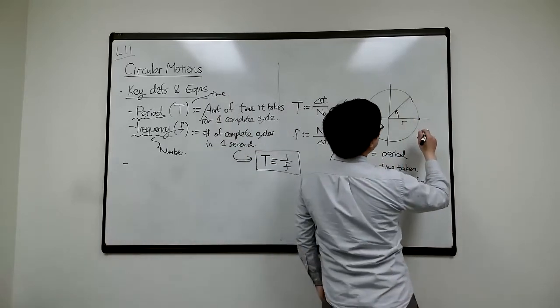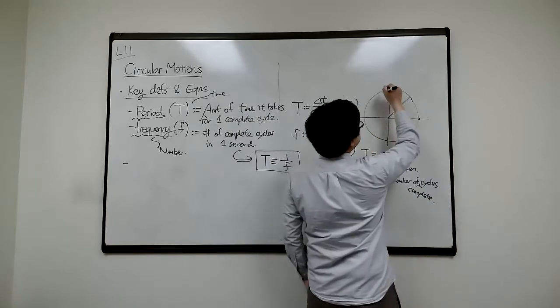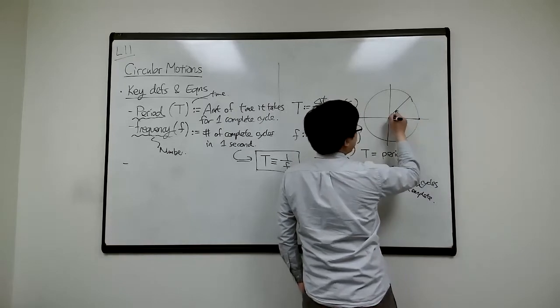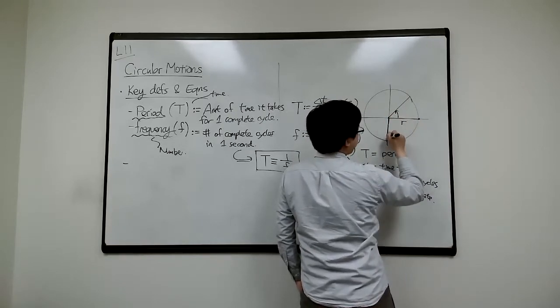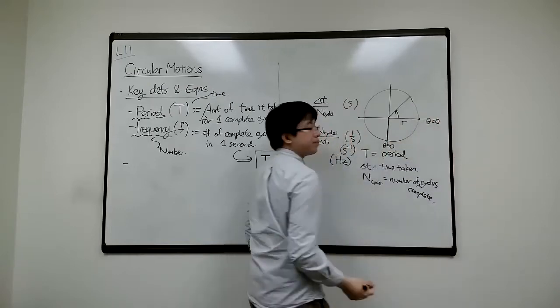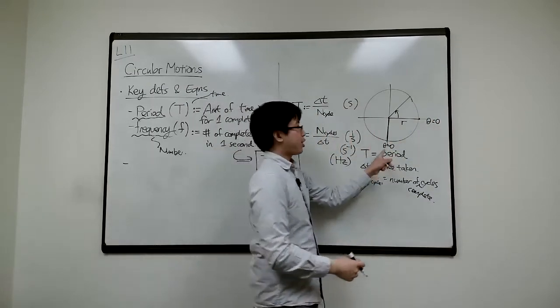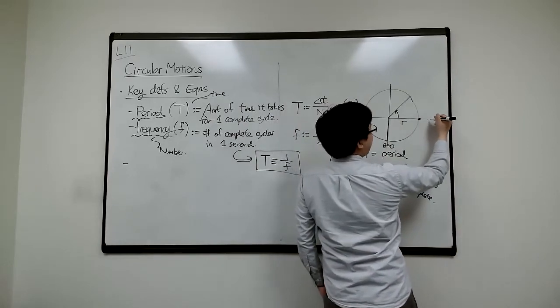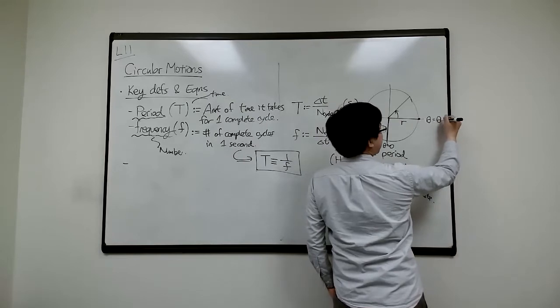In fact, to illustrate that it doesn't matter, let me arbitrarily say, I want to call this part theta equals 0. Normally we call this theta equals 0, like that. But let's say I want to call this theta equals 0, and my object is over here. So the starting point is theta naught.